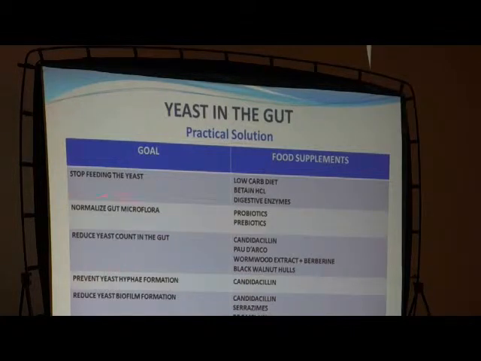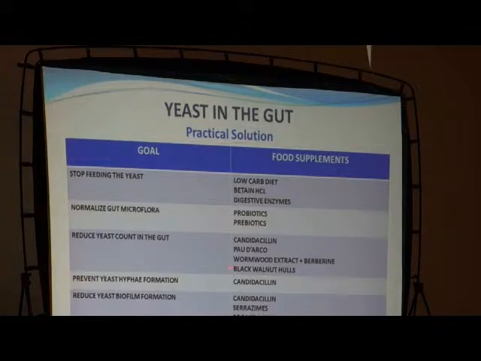So the next process, which is normalization of gut microflora, is a must because your normal gut microflora can suppress the yeast. And so for this particular reason, we're using probiotics and prebiotics. The next thing is there are quite a few products which can reduce the yeast count in the gut.